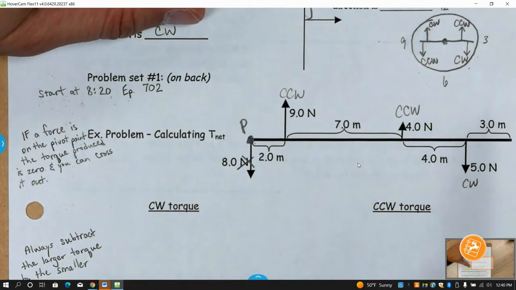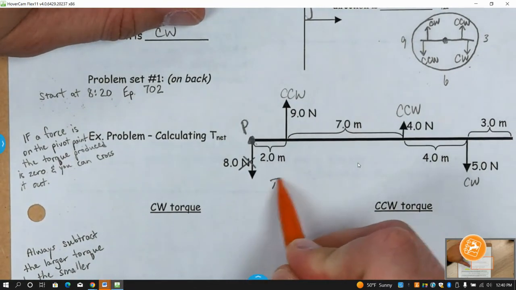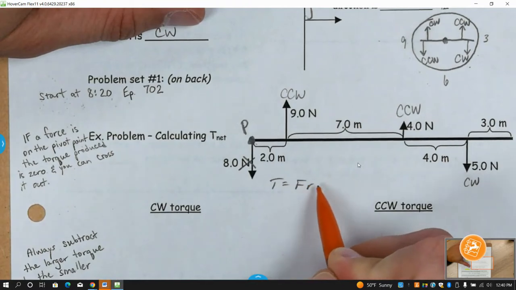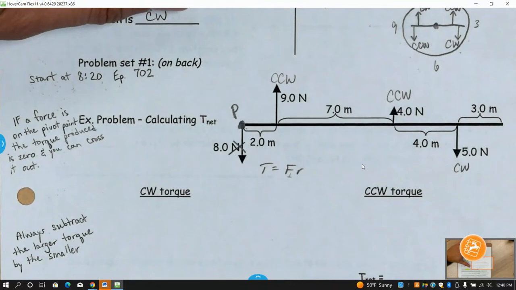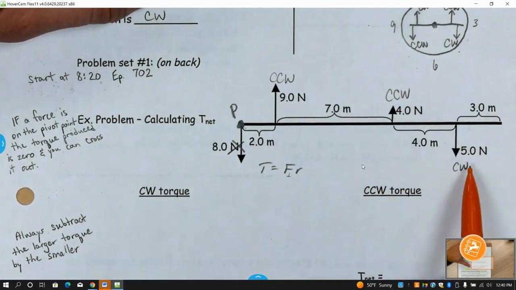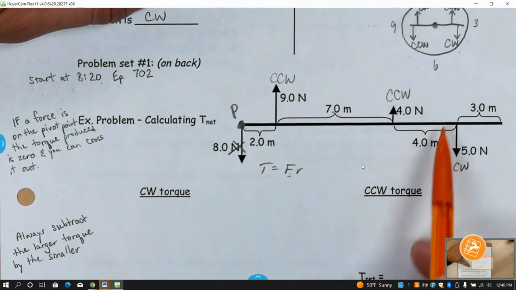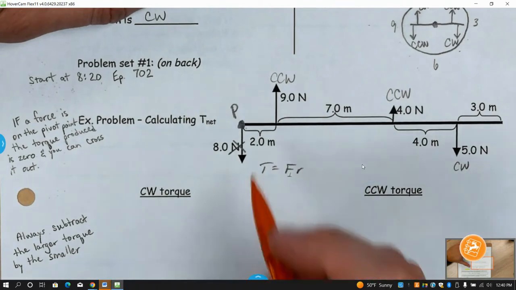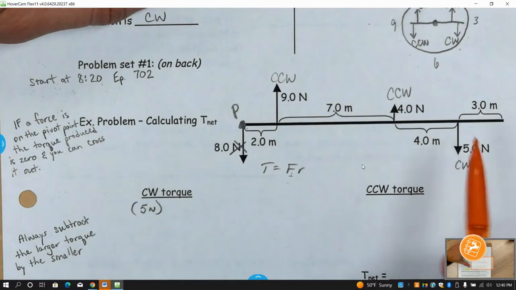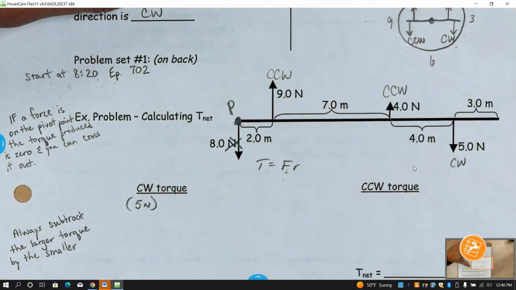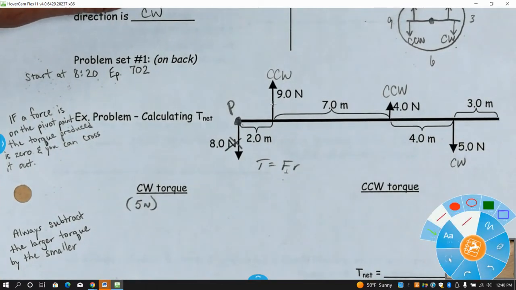So the next thing you're going to want to do is calculate their torques. Torque is equal to the force times R, the lever arm. Let's do all the clockwise ones first. There's only one, and what value is that force? 5 newtons. Now, how far away is that 5 Newton force?